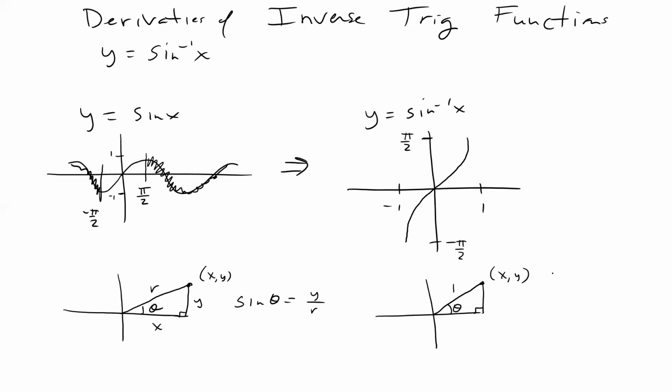So in this case, sine theta was equal to just the y coordinate. That's right. So then if you go backwards on it, that means that theta is equal to the sine inverse of the y coordinate. Is that right?